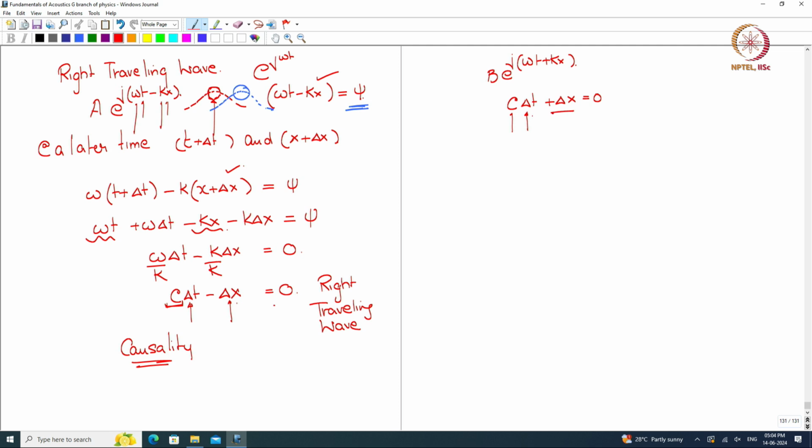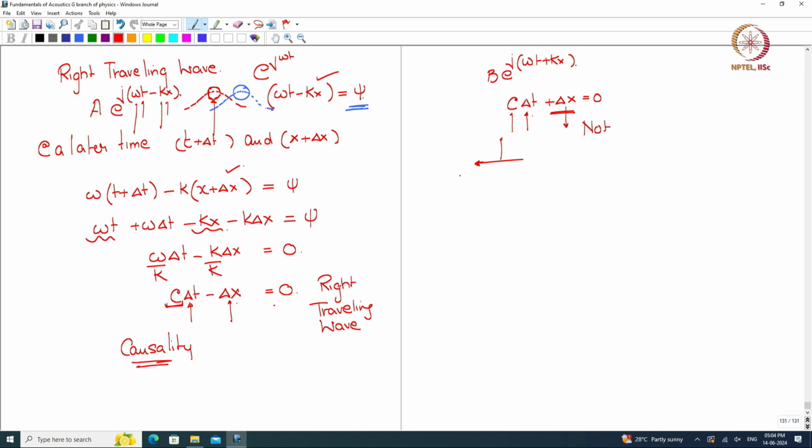I have to have a negative delta x for this to be 0. That means as time goes forward, the wave moves leftward, decreasing delta x.